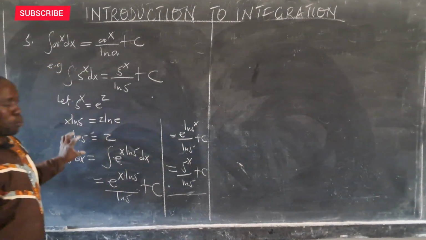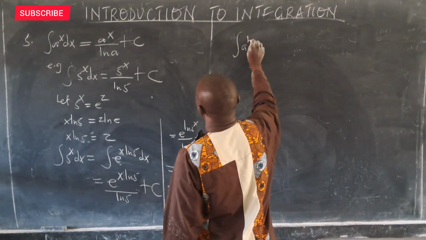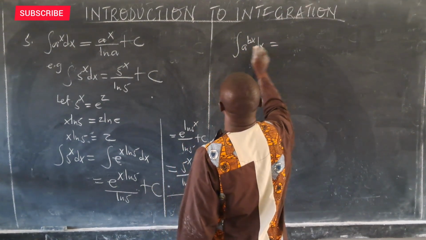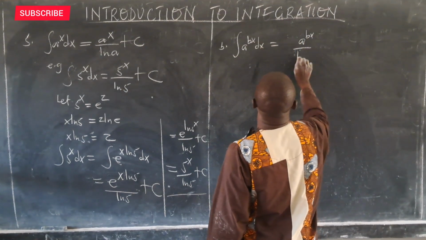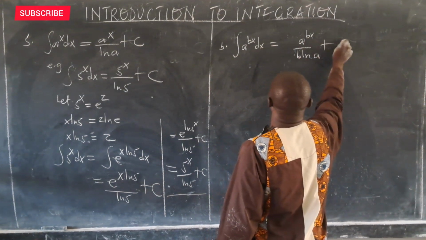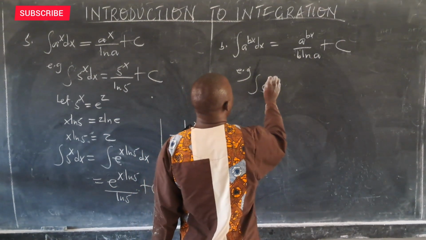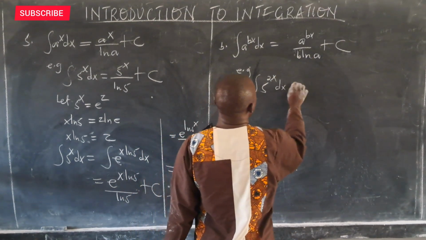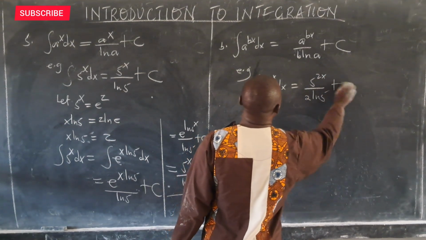Now under the same spirit, we can have this. So integral of, say, maybe a to the power bx dx becomes a to the power bx out of b ln a plus a constant. So maybe you are handling expression of 5 to the power 2x dx. This becomes 5 to the power 2x out of 2 ln 5 plus c.